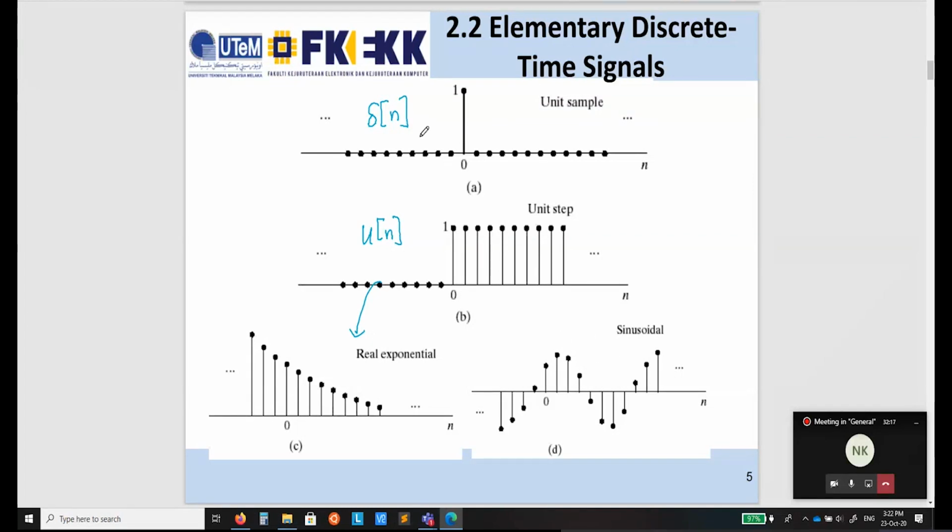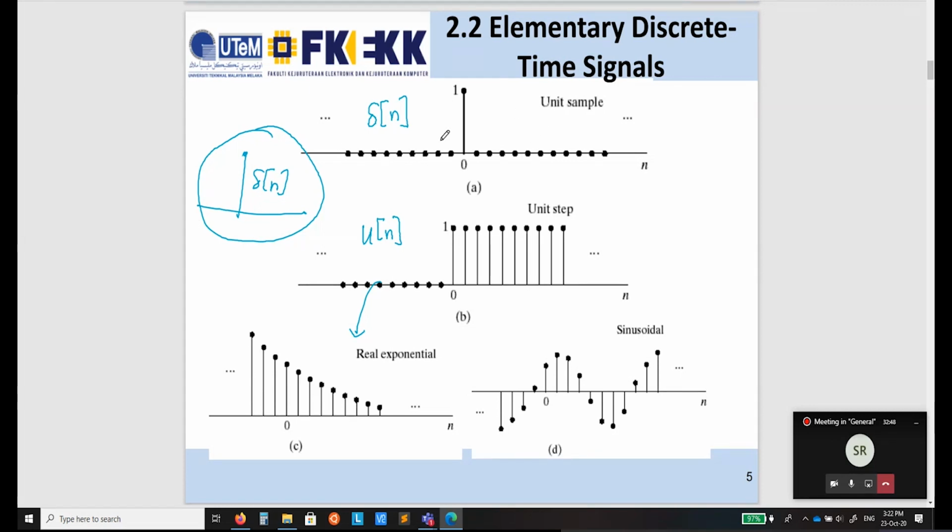Okay. So unit sample, meaning, what is the name of this function? Can somebody tell me the name of this function? Delta function. Some say delta function, impulse, Kronecker. So it depends on how we interpret.